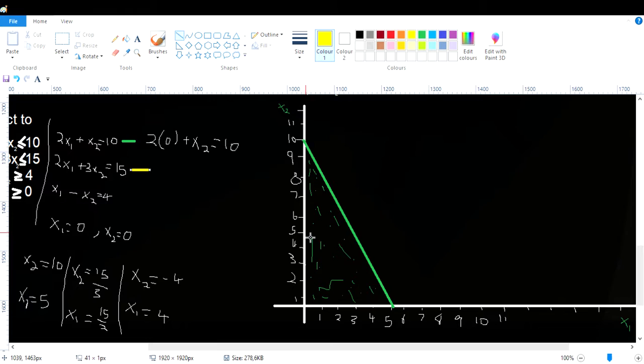Then 15 over 2 is equals to 7.5, which is between 7 and 8, here. So here is our second straight line. Then I'm going to shade this area under the yellow line.